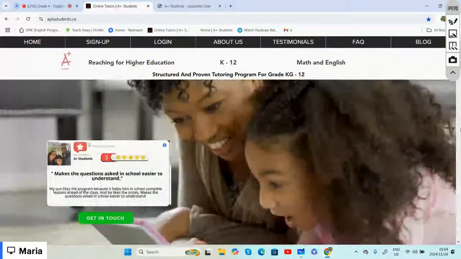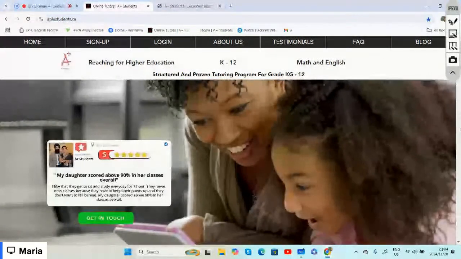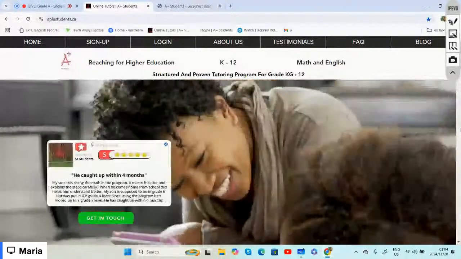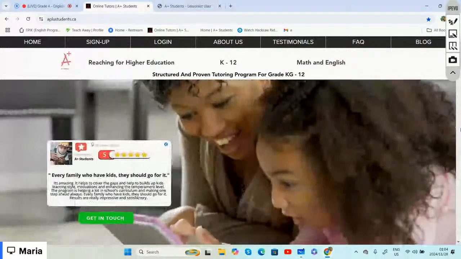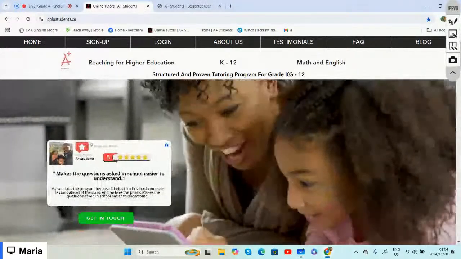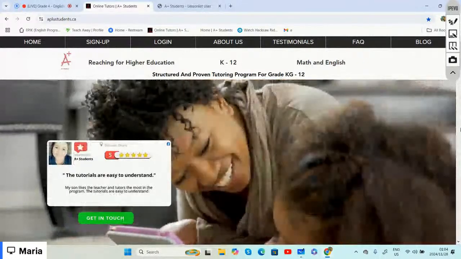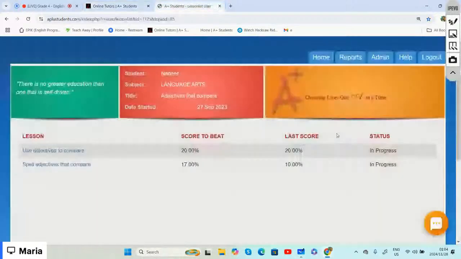We're doing grade 4, and then we're going to scroll down until we get to our chapter of adjectives that compare.